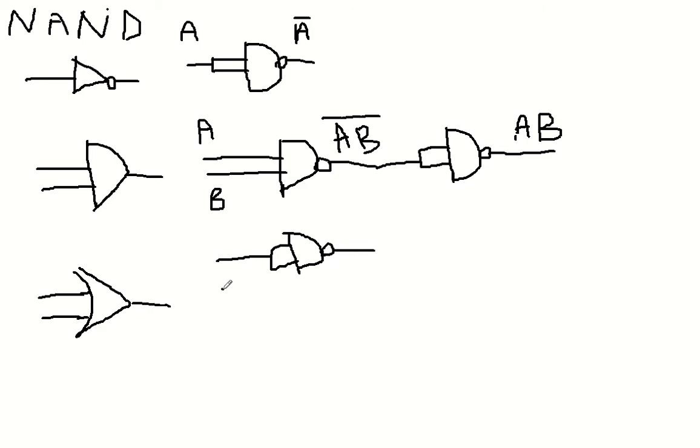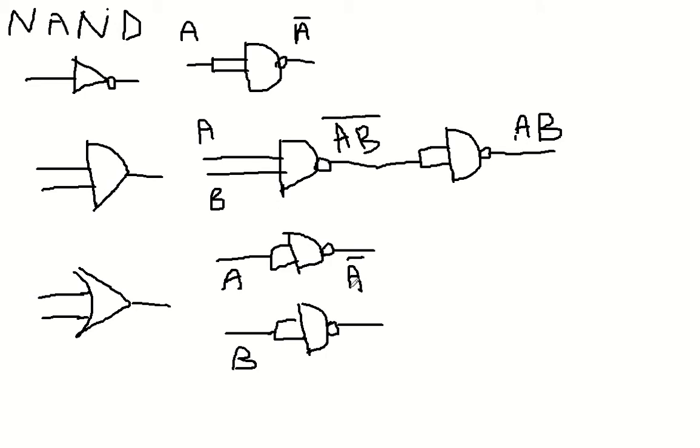So let's say this is your A input, and you will have another input which is B. If you pass these two inputs through inverters, you are getting A bar.